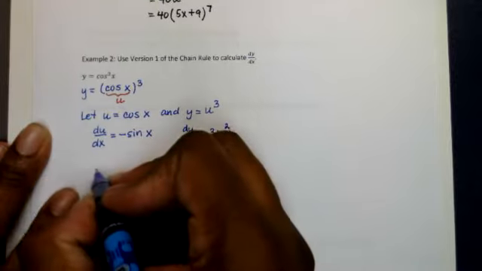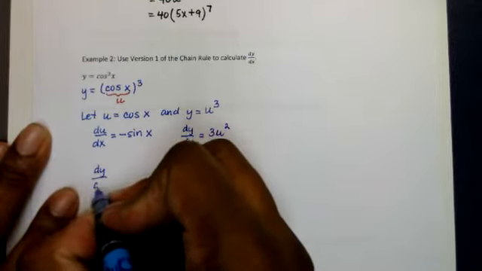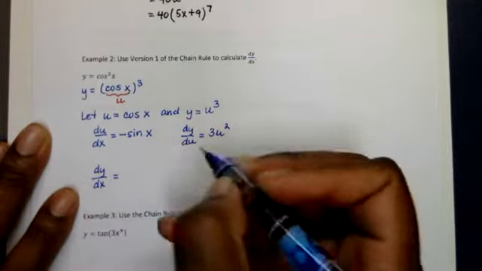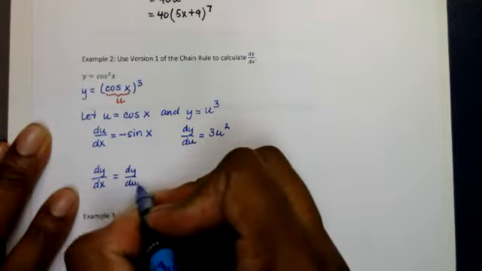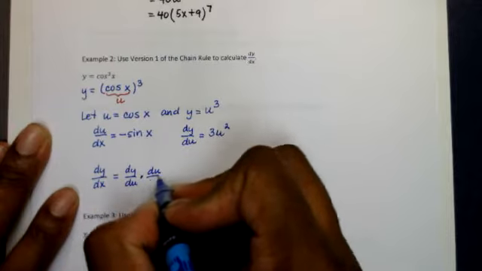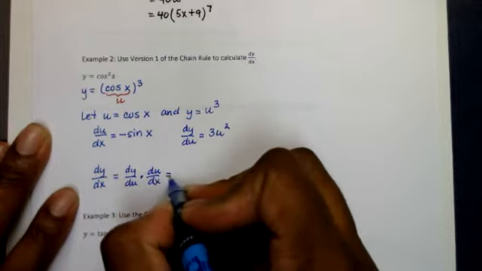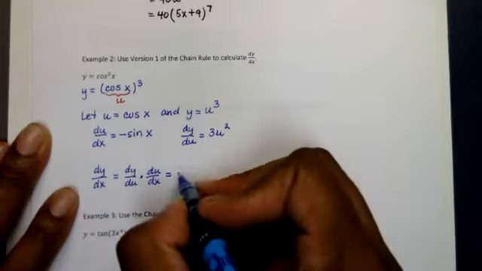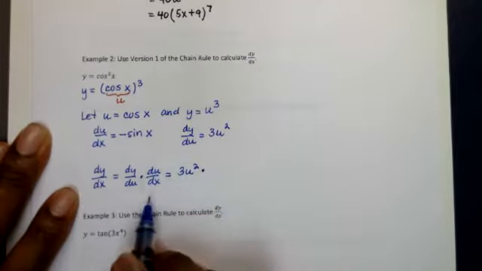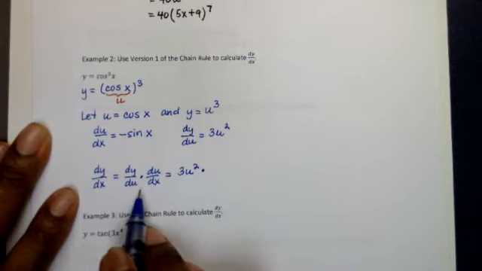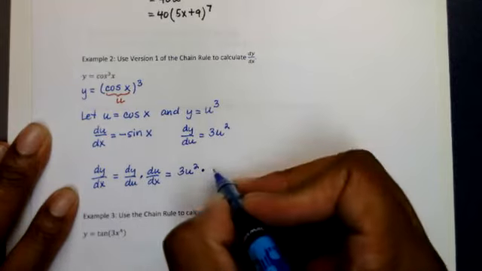And now we can find out what dy dx is going to be. So dy dx will be dy du times du dx. dy du we found to be 3u squared, times du dx, which is negative sine of x.